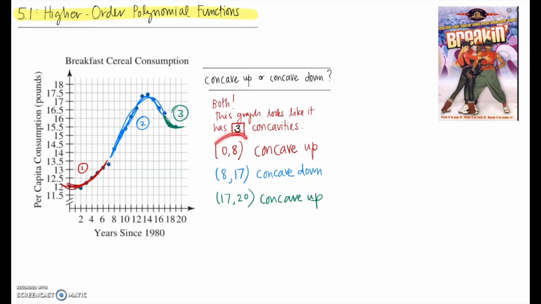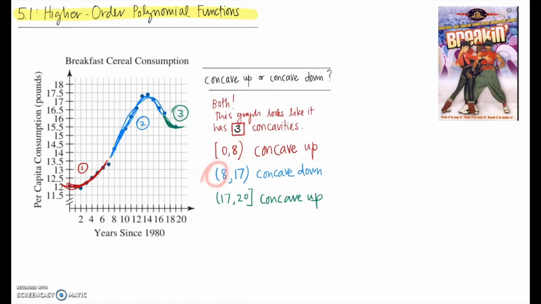So remember, this is our interval notation. A square bracket indicates that you're including the endpoint, and a round bracket means that you're not including the endpoint. I'll include these endpoints here. This one I'm not going to include at 8 because it's a point of inflection, so it's neither concave up nor concave down, which is why I used a round bracket.